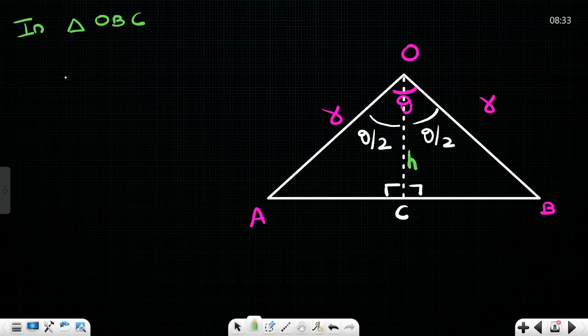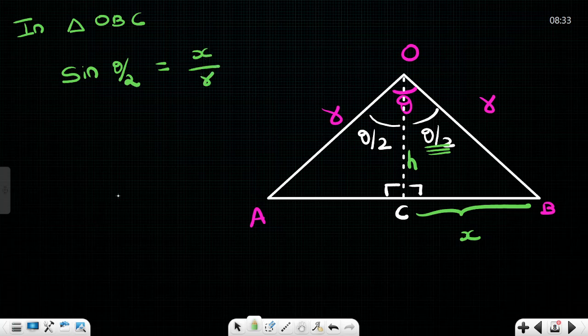So I'm going to calculate sin theta by 2. Theta by 2 is this angle. Sin theta by 2 is this opposite side, let's call it x. Sin theta by 2 is opposite side x by hypotenuse r. Therefore x value will be r sin theta by 2.